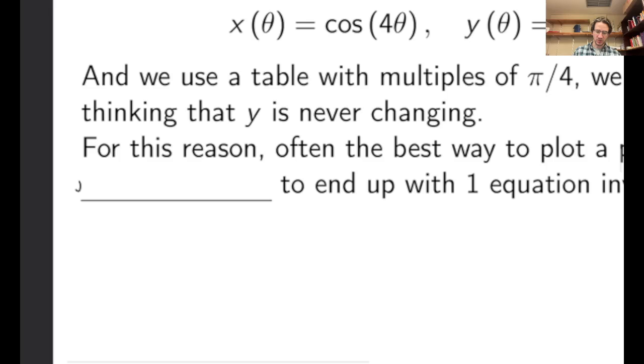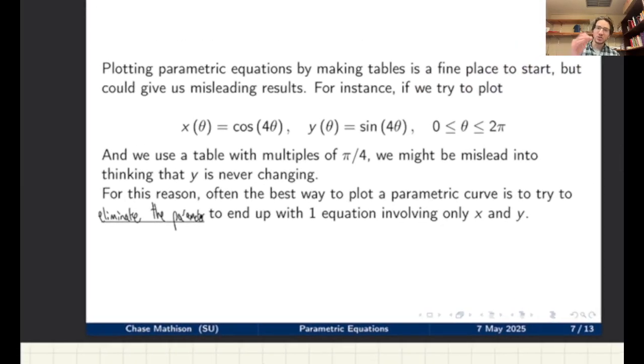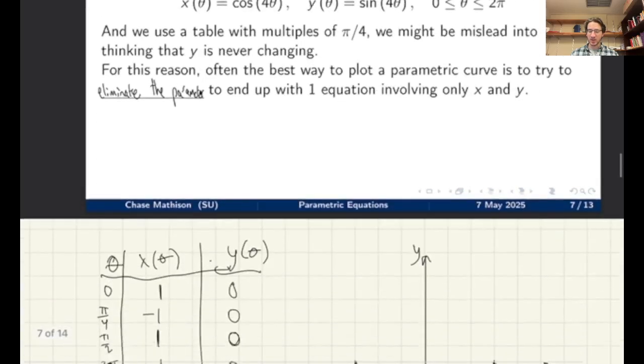Okay, so try to eliminate t, or in general, eliminate the parameter, to end up with only one equation involving x and y. Let me show you how you do this with this equation here.